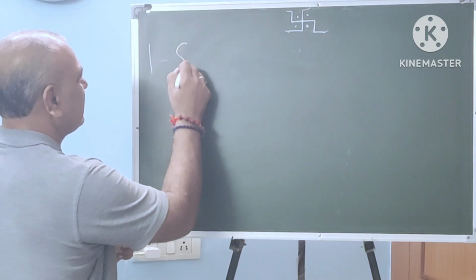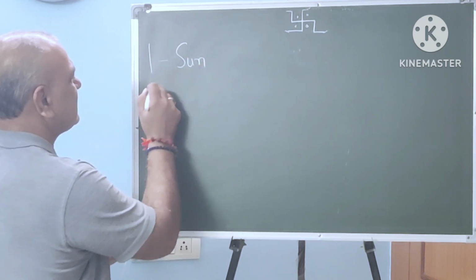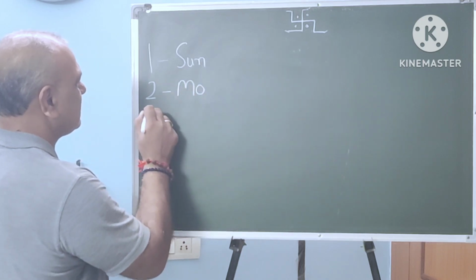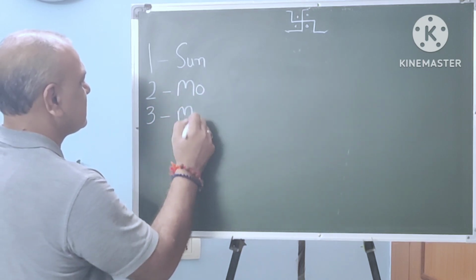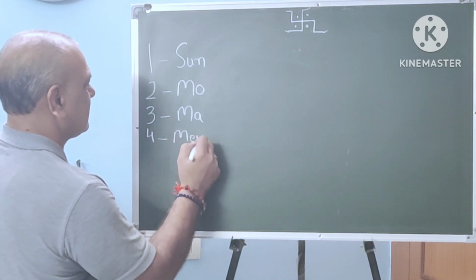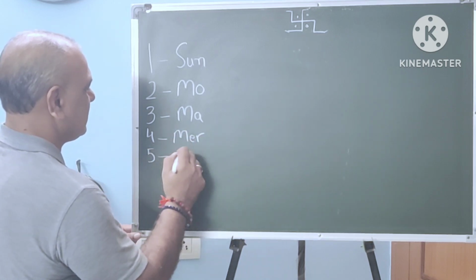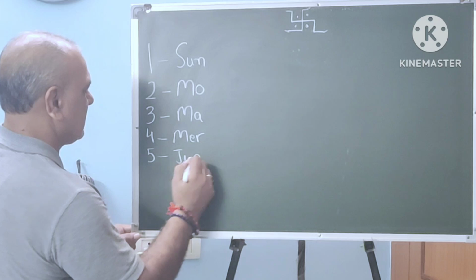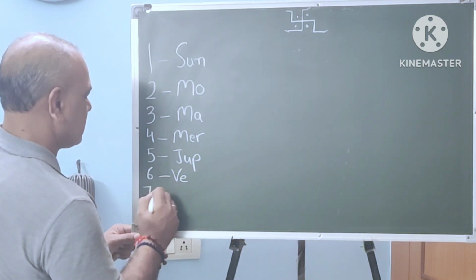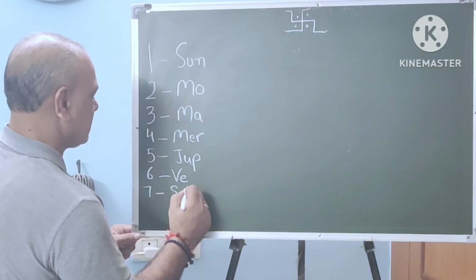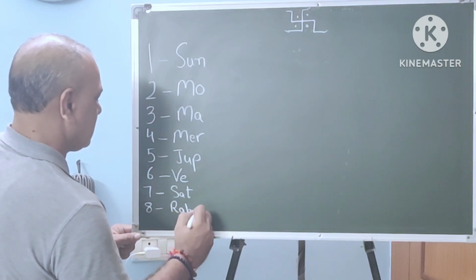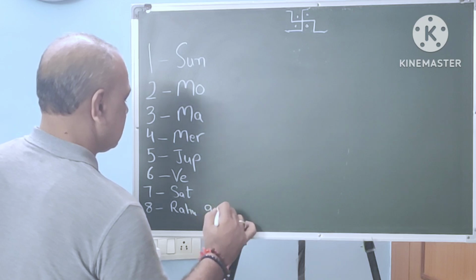This is very important. Number one is denoted by Sun, number 2 Moon, number 3 Mars, number 4 Mercury, number 5 Jupiter, number 6 Venus, number 7 Saturn, number 8 Rahu, and number 9 Ketu.